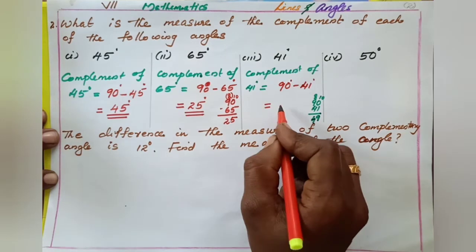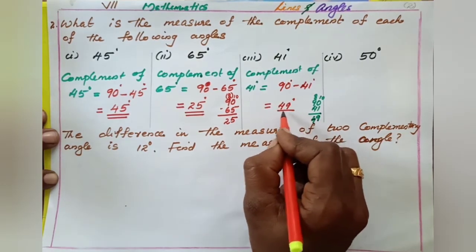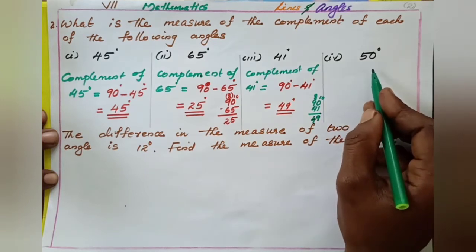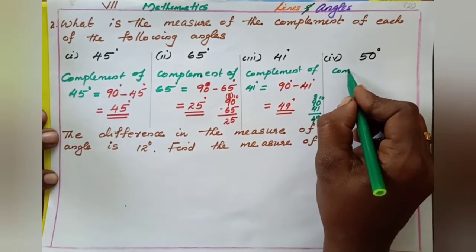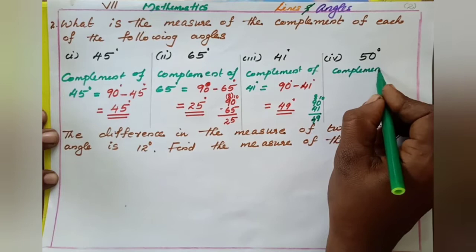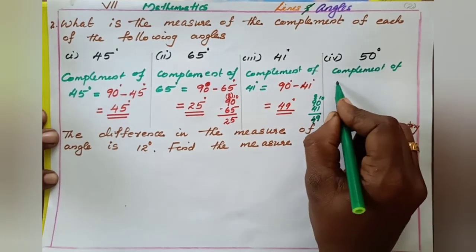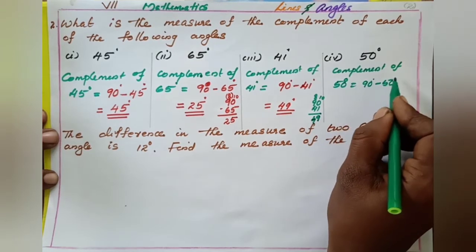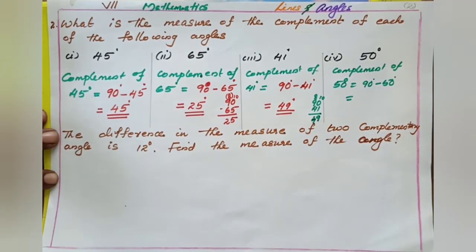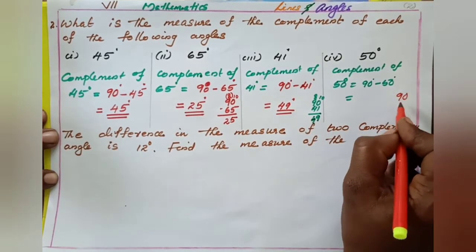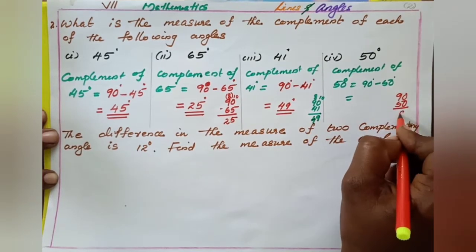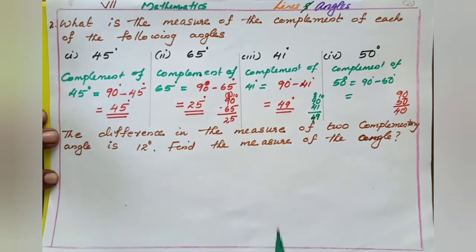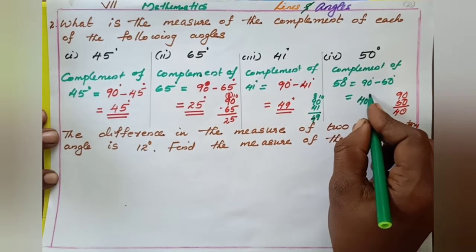So we get 49 degree. Then next is 50 degree. So complement of 50 degree equals 90 degree minus 50 degree. 0 minus 0, 0. 9 minus 5, 4. So the answer we get is 40 degree.